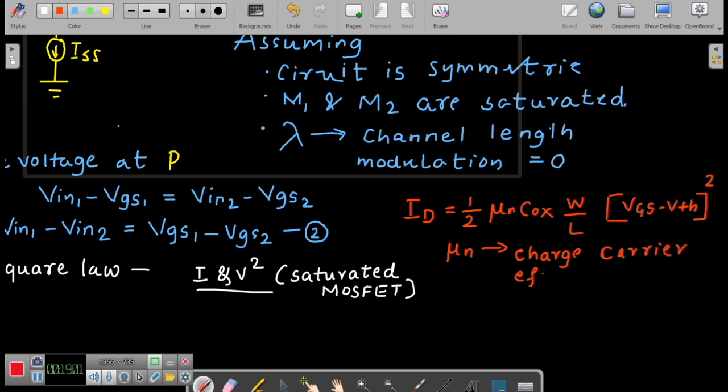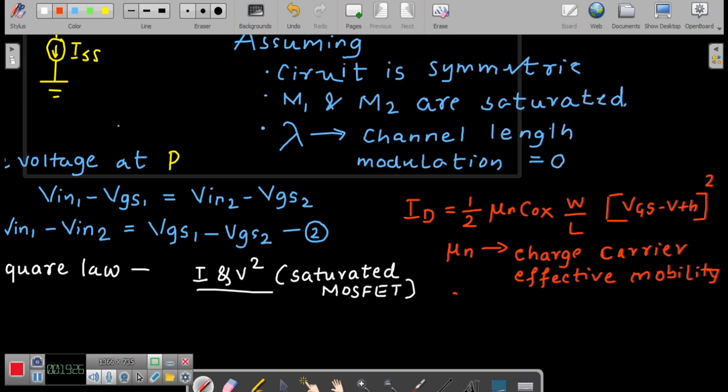This is with respect to the manufacturing of the MOS devices. This is a parameter. Let us not go into the details of this. When you study the VLSI circuits later, you will be having a detailed exposure on this. Mu n is the charge carrier effective mobility.